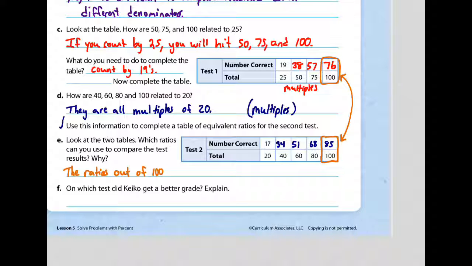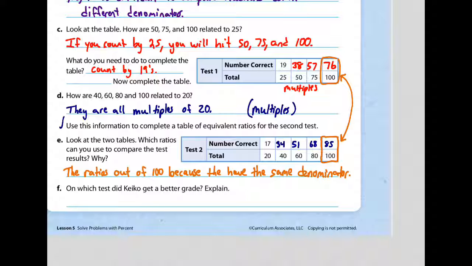We'll just say the ratios out of 100 because they have the same denominator. Okay, so that's what we're trying to get you at here, is if we can get those fractions to the same denominator, it makes it easier to compare.